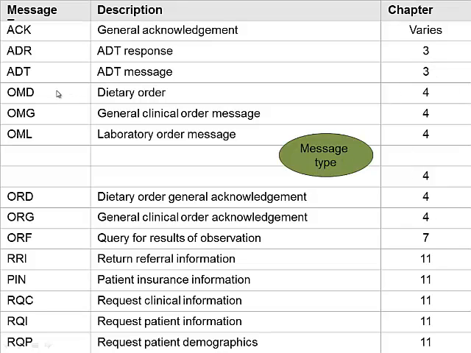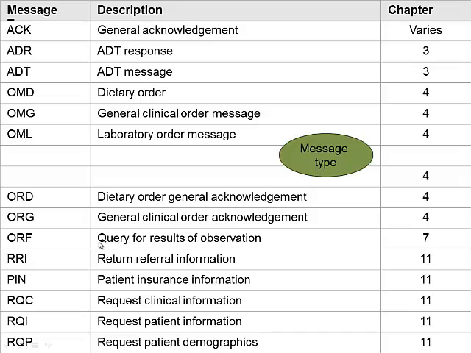In fact, these are described in different chapters. For example, ACK, ADR, ADT are described in chapter 3. For OMD, OMR, OMG, OML, ORD, ORG, these are described in chapter 4.